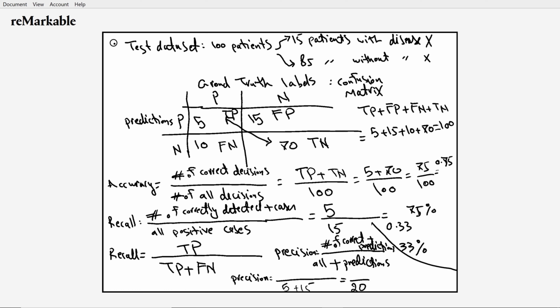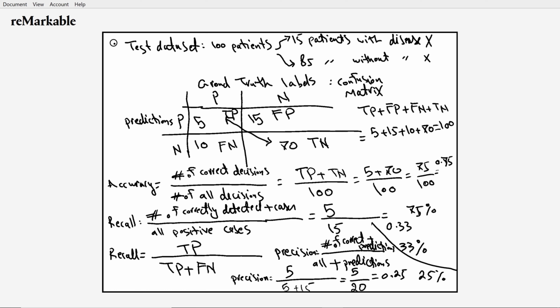And as you can see, we have the true positive cell here, which basically says, yes, you made 20 positive predictions, but only 5 of those positive predictions were good. The other 15 are in the false positive cell, which means you were wrong in predicting those 15 cases to be positive. And so the numerator is going to be 5. So this is 5 over 20, which basically means 25%.